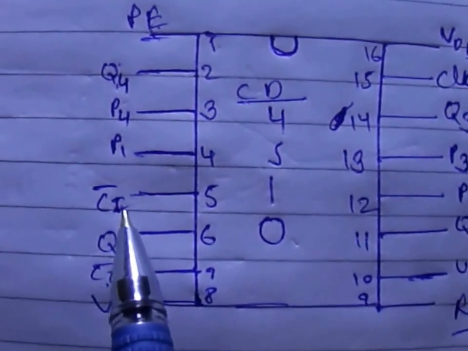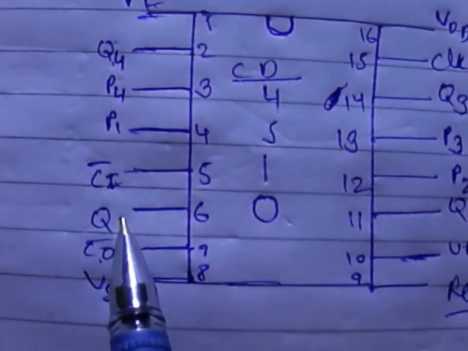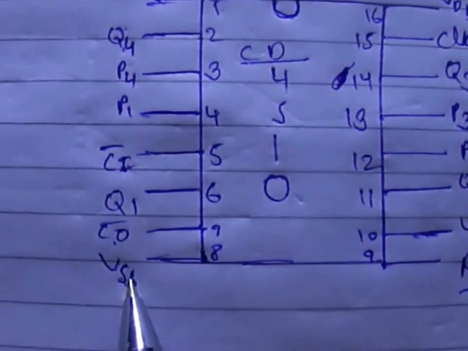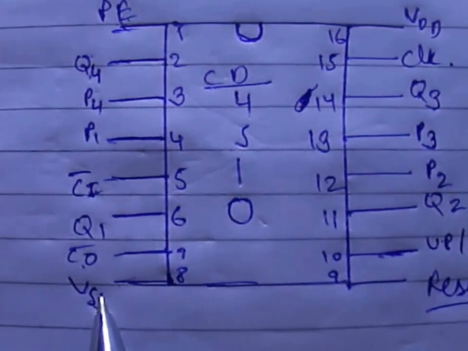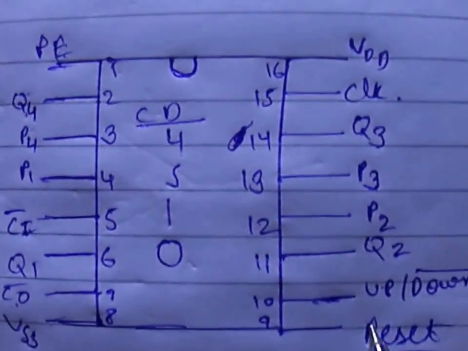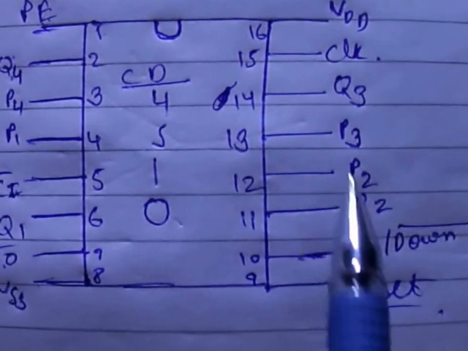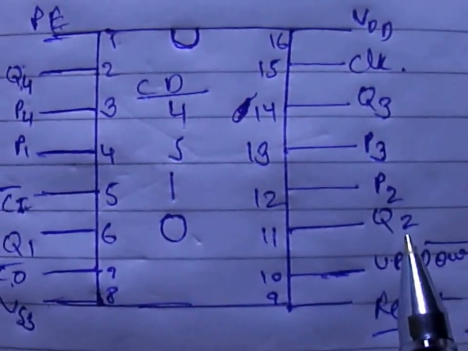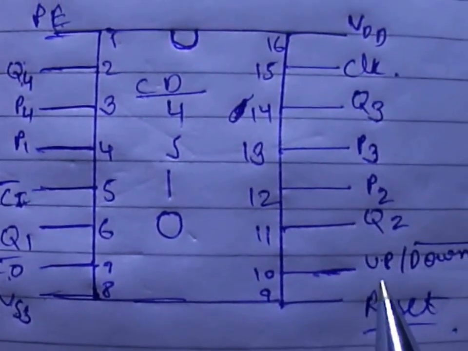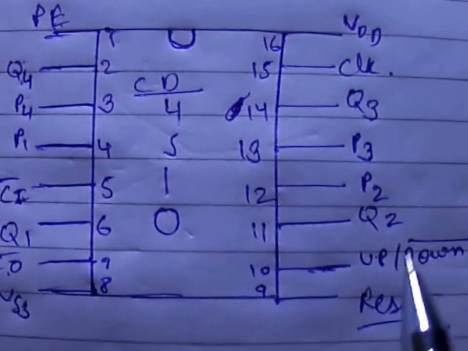So it must be given a 0 value. Q1 is again the least significant bit. Then VSS should be connected to ground. Reset pin should be given a 0, otherwise the values at Q1, Q2, Q3 and Q4, those are the outputs, will always be 0 irrespective of whatever we give as input.